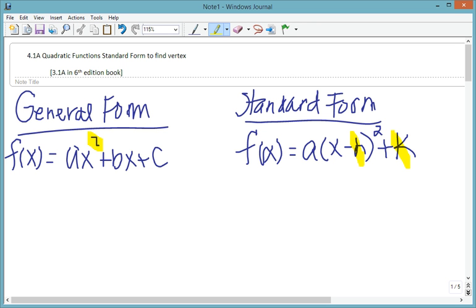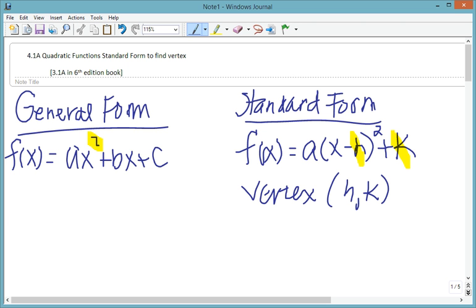Because instead of the vertex being at 0, 0, it's moved over h and up k. Okay, so the standard form is the one that shows us the shift. And the vertex, we can read right off the standard form, it's just h, k. Because of that, sometimes the standard form is called the vertex form.